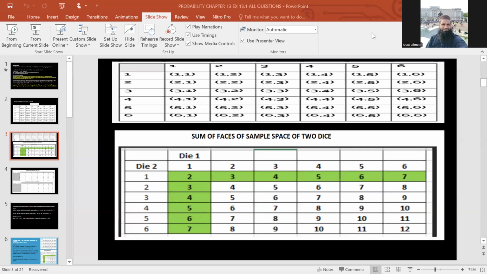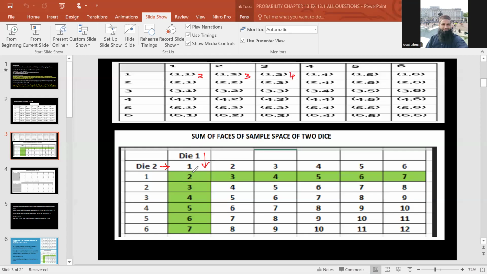So for the sum of faces of a sample space of two dice, I have a proper slide to explain this concept. Right below here at this position, this is die number one, in the downward direction, and die number two moves from left to right. And then the sums are there. Sum means that like one plus one was two in the above, then two, three, four, five.